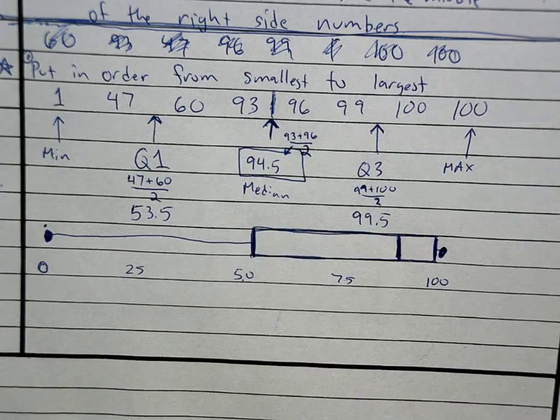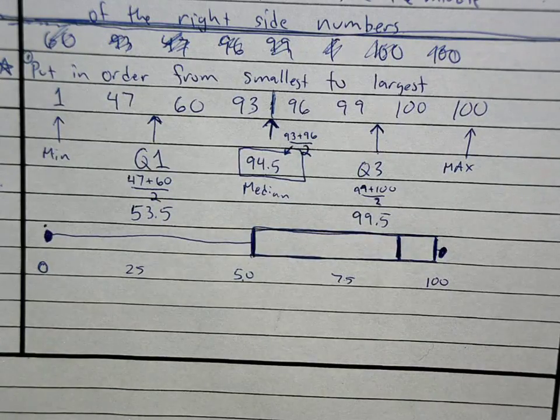So there you go. This is a box and whisker plot. You're going to be asked to do that on the first 3 problems. How to make a box and whisker plot is what you're going to have to do. There's a few things that we need to talk about. I need to define a few more things, and then we'll rock and roll.